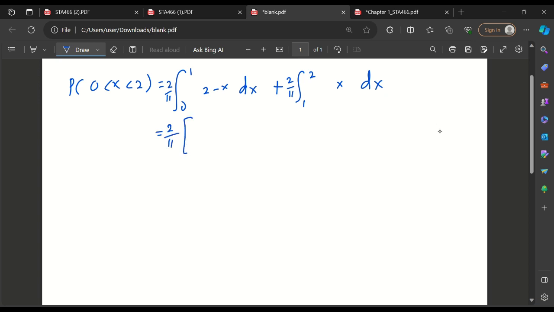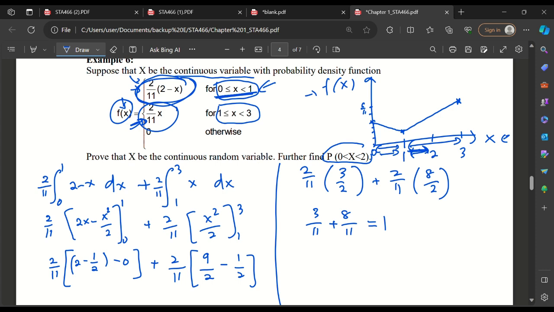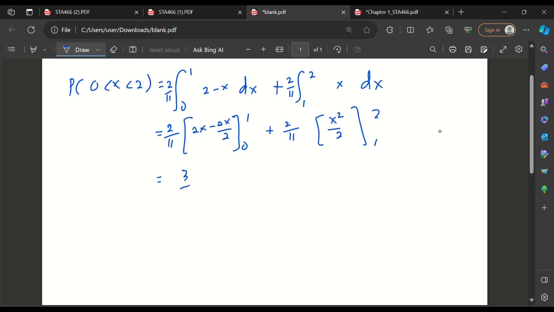As usual. 2x minus 2x over 2, from 0 to 1, plus 2 over 11, x square over 2 from 1 to 2. So this part you will get 3 over 11. So this part 3 over 11.